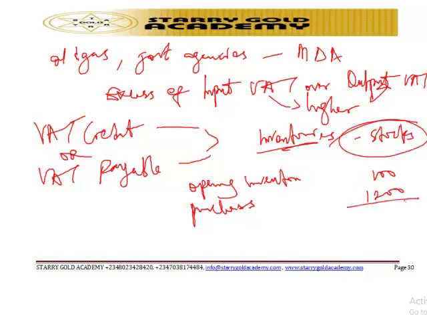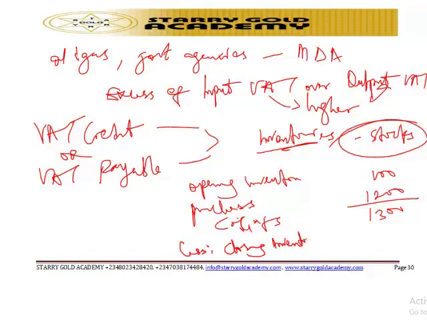So you have 1,300, which is your cost of goods available for sale. Thereafter, the closing inventory will be deducted. So let's assume your closing inventory is 200.